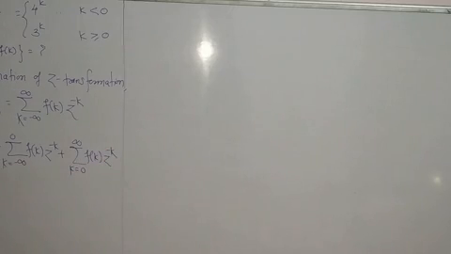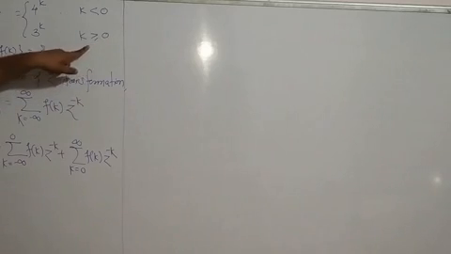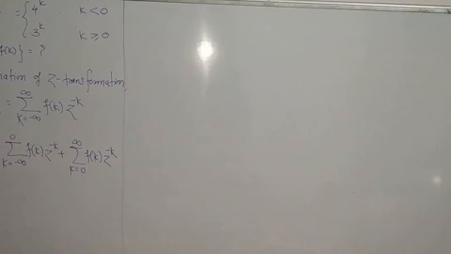In this summation the value k equals 0 will come in only one part. In the second part k is greater than or equal to 0, so we take k to be 0 there, but in the negative part we are not going to take k equal to 0.